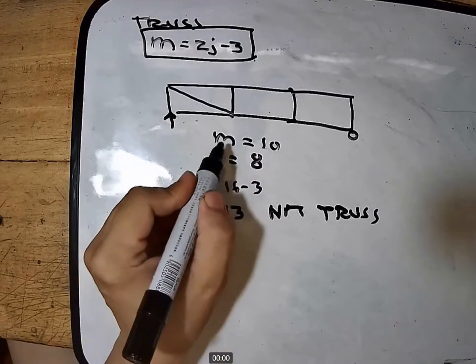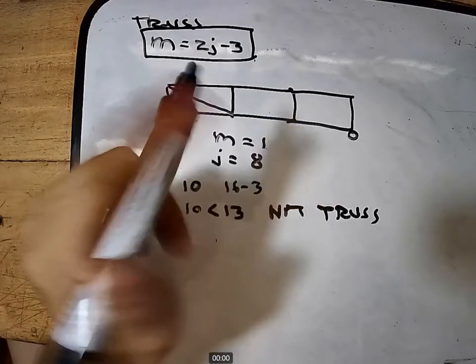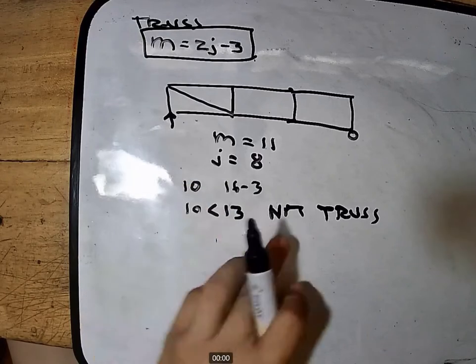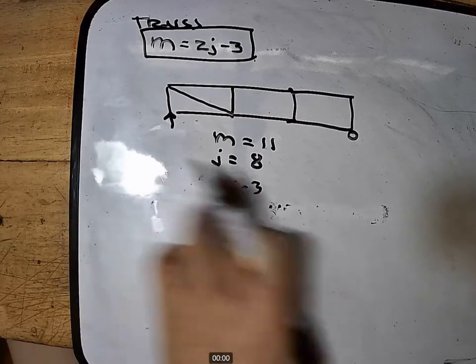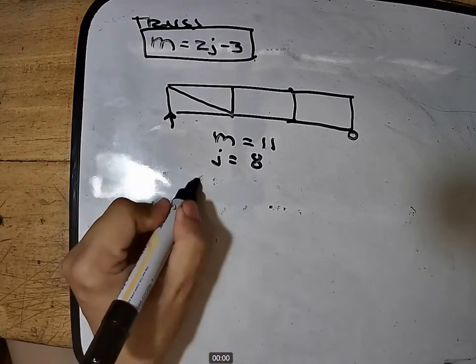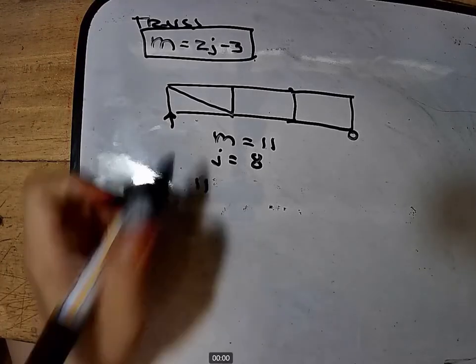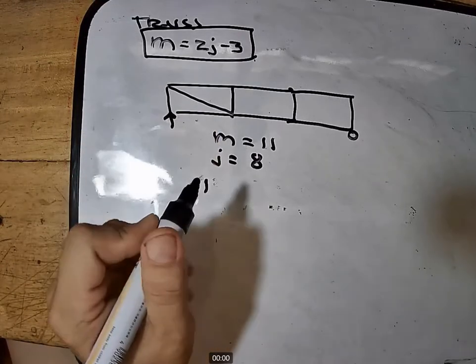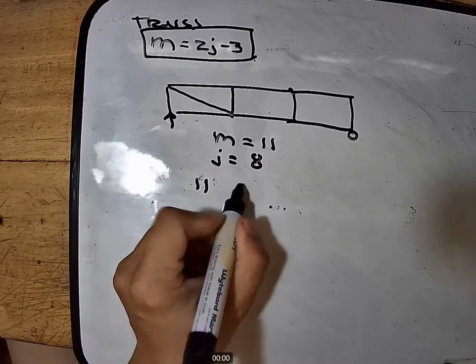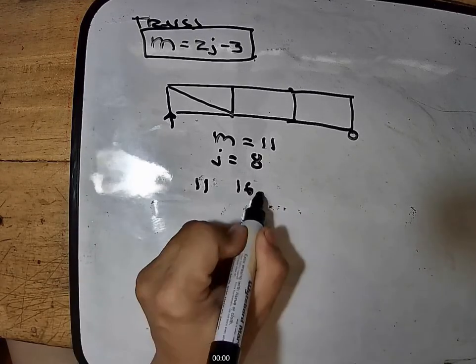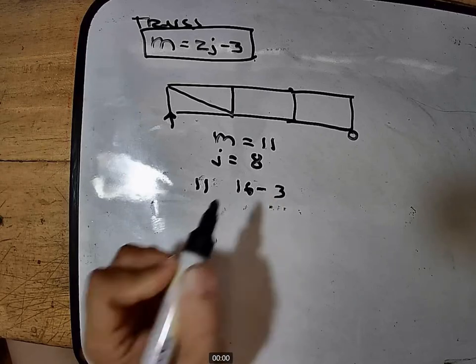So, obviously, how many members now? This becomes 11 and still you have 8 joints. Okay, so 11, and then 2j, 16 minus 3.